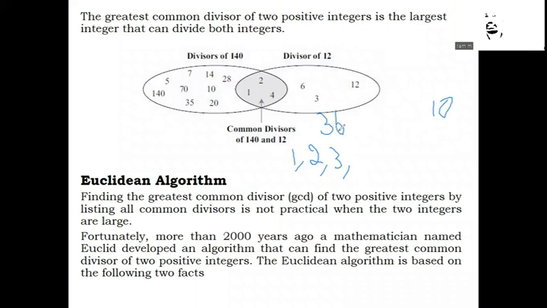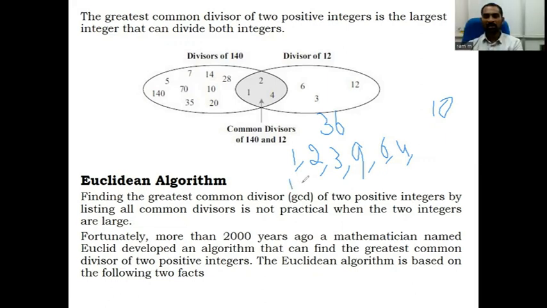Can 4 divide it? Yes, 4 9s is 36. 5 will not divide. 6 6s are 36. 7 will not divide, 8 no, 9 we have already taken. 10 will not, 11 will not, 12 divides it 3 times, then 18 divides it 2 times, and that's it.